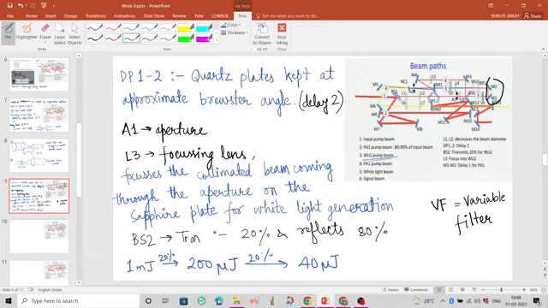RP1 is a rotatable polarizer, because we need to maintain the polarization, so we have polarization controlling optics here.